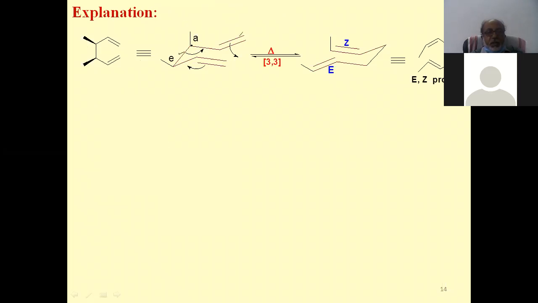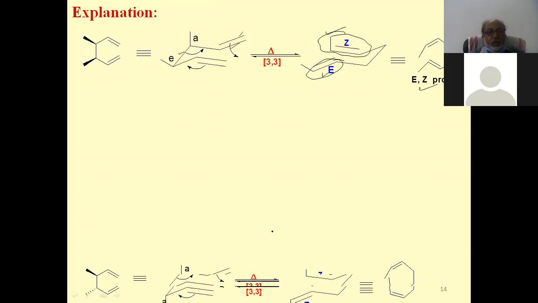When it is breaking, this will have a configuration like this one. And this will come to this one. This becomes E and this becomes Z. So your product is the EZ product. Got it? Yes or no? Yes, sir. Okay.